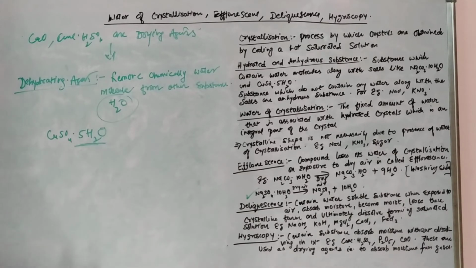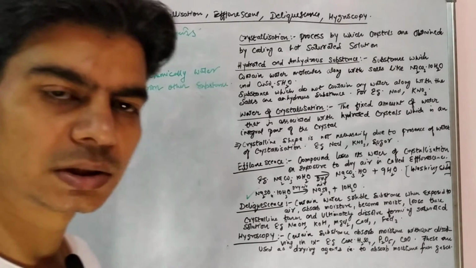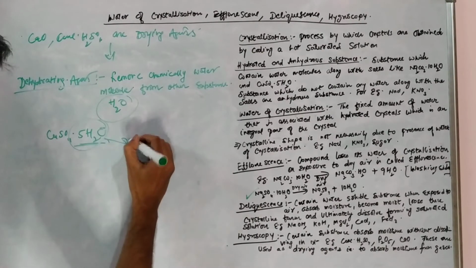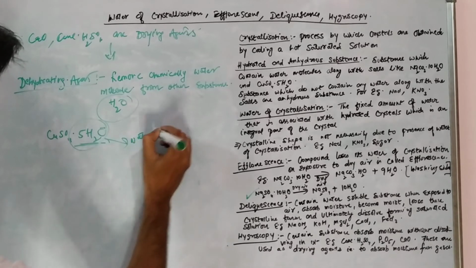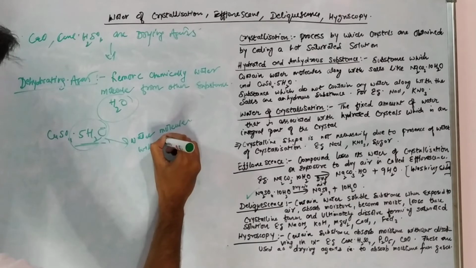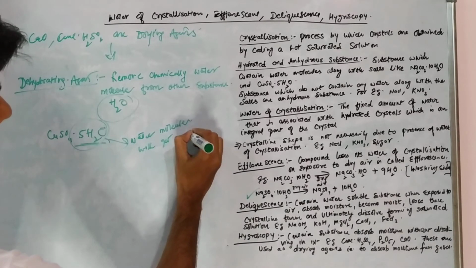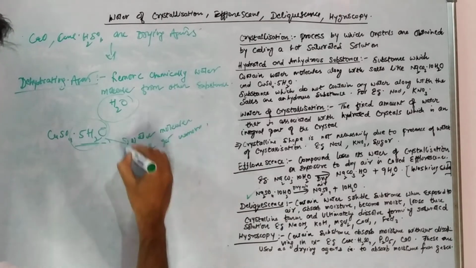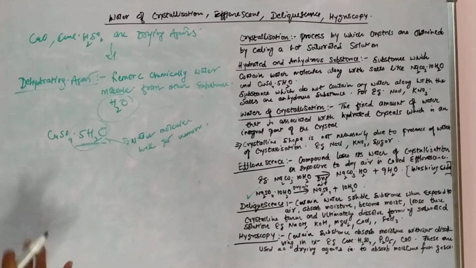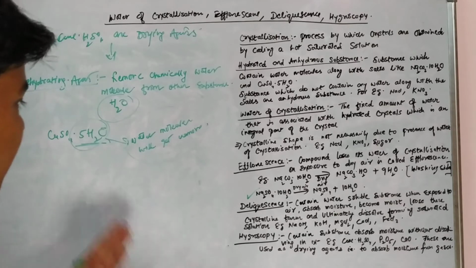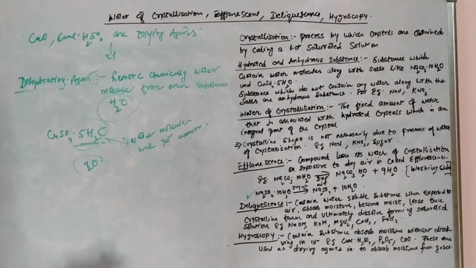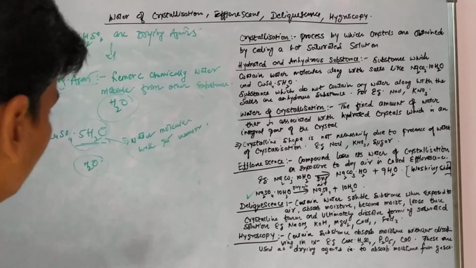For example, concentrated sulfuric acid is also a dehydrating agent. These water molecules will get removed from the salt using a dehydrating agent. They will chemically remove a water molecule or more than one water molecule from any salt.